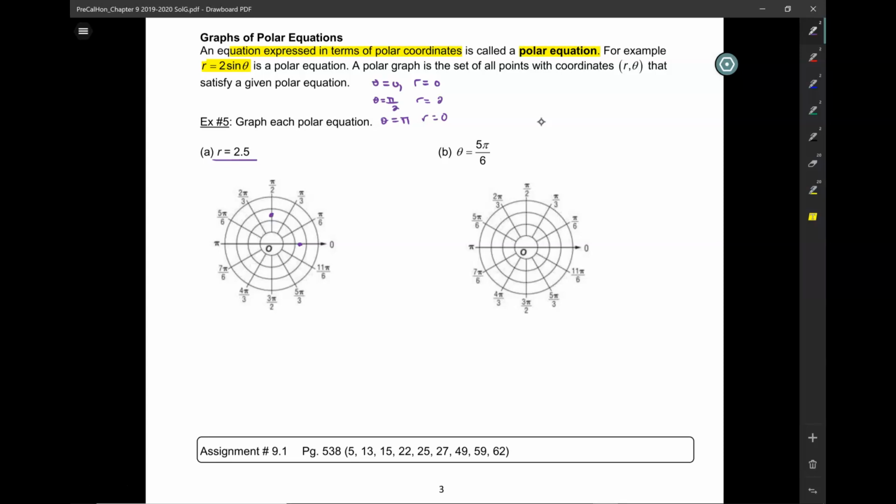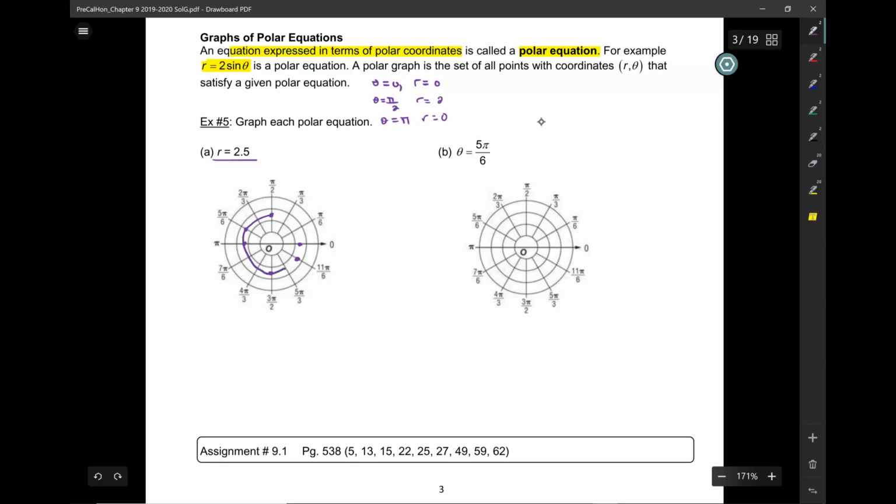Where else can I find r equals 2.5? Right there. What about this one? And if you plot every single point that satisfies the requirement that it has to be 2.5 away from the origin, what shape are you going to get? A circle.